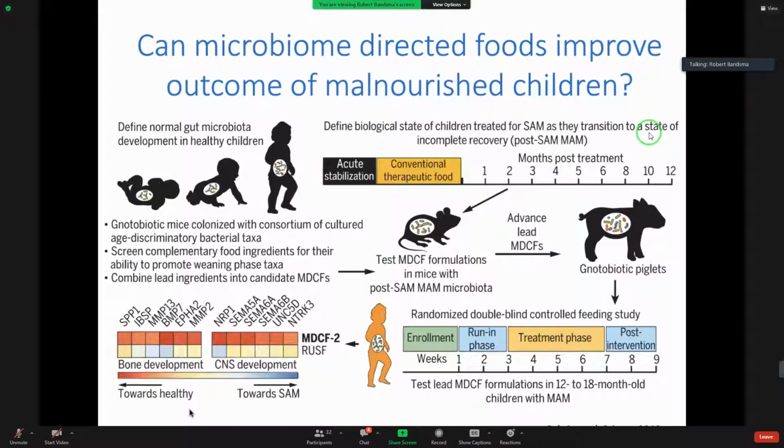And finally, there's more and more thinking about, can we actually change the microbiome by giving very specific diets?